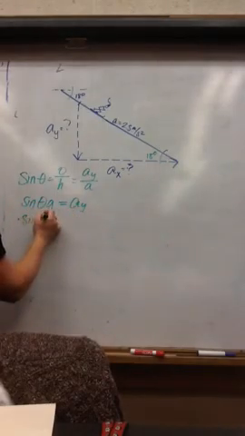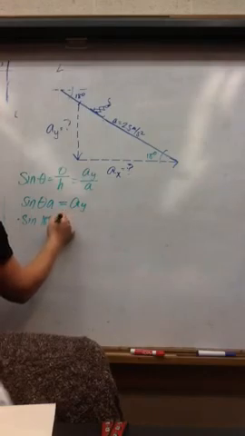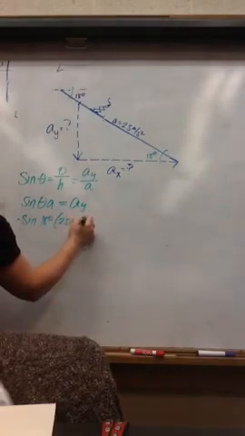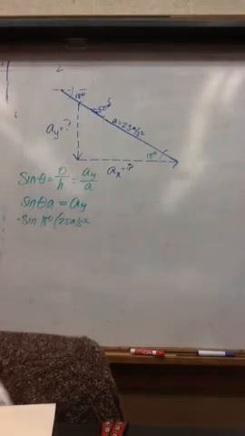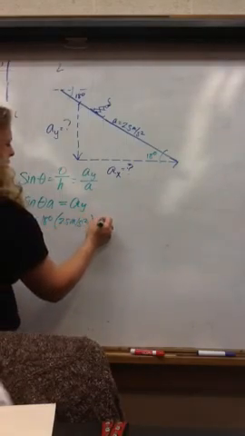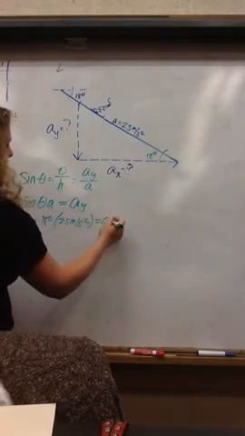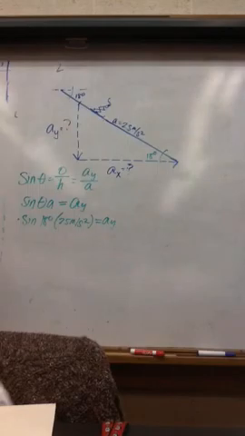Sine of 18 degrees times 2.5 meters per second squared will give us our y acceleration.